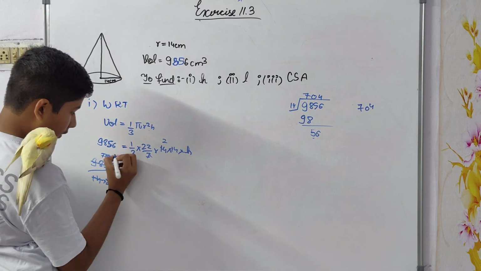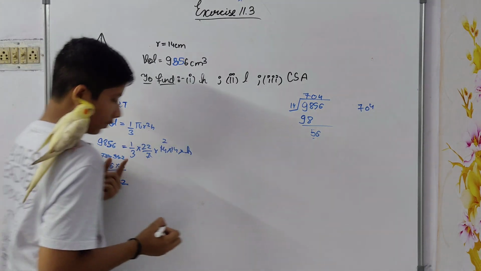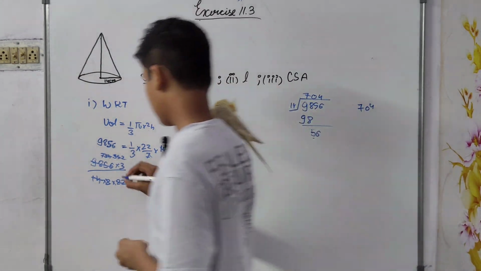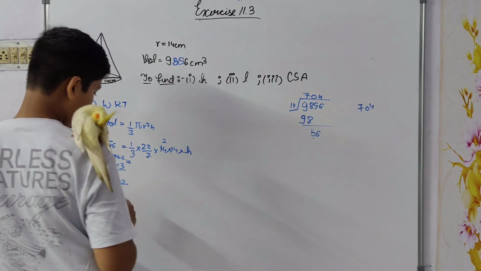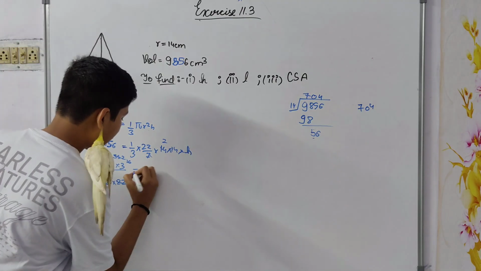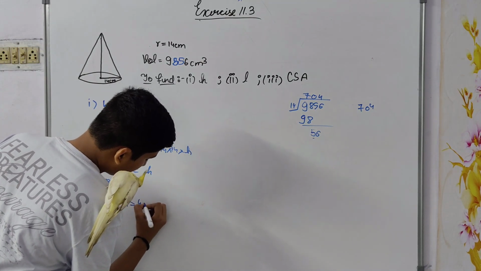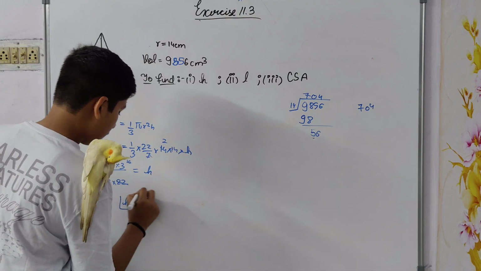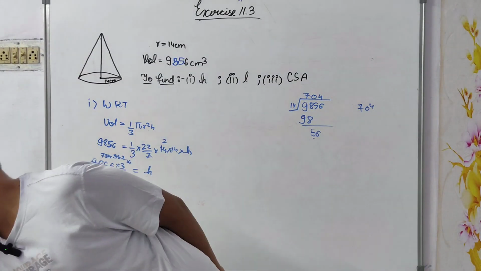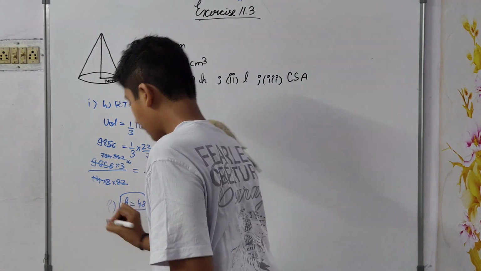Now we cancel it with, so 352. 352 into 22, it would be 16. Okay, 16 3 the 40. So if we cancel this, it would be h equals to 48. Okay, now I will have to erase this. Height has been come. This would be answer of first one.